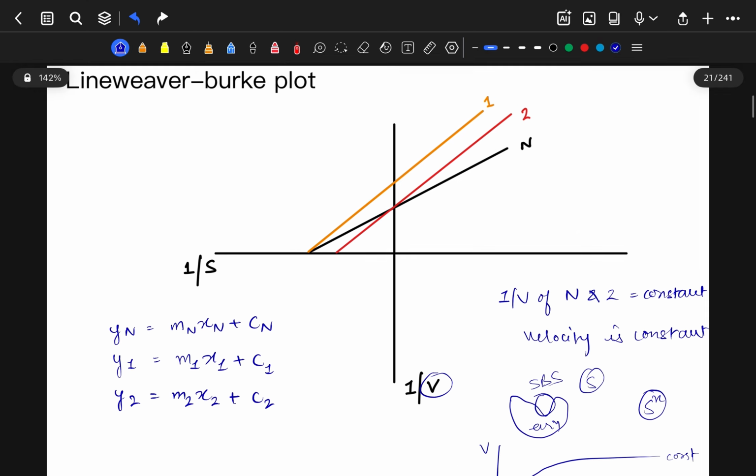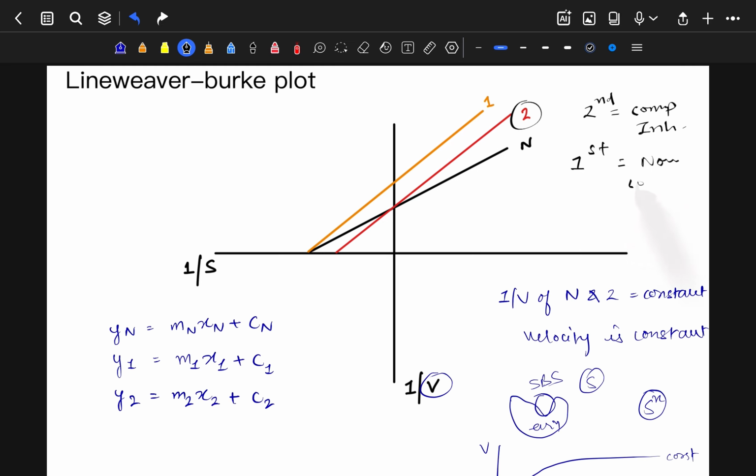So if I summarize this, then the second line represents the constant velocity graph, this graph of the second line shows competitive inhibition, and the graph of the first line shows non-competitive inhibition.